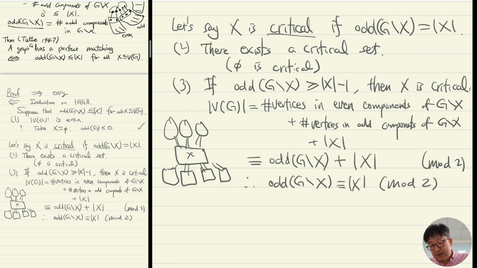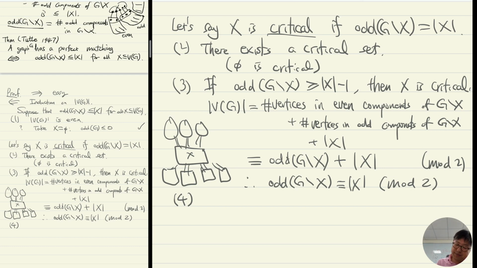So as long as we have this inequality, then they are equal because they cannot have different parity, so X is going to be critical. All right, so this is going to be the key property that we're going to use. So the proof of Tutte's theorem depends on the parity.